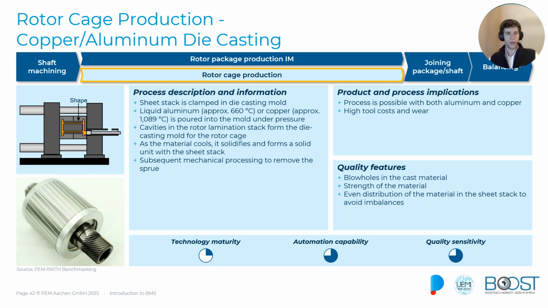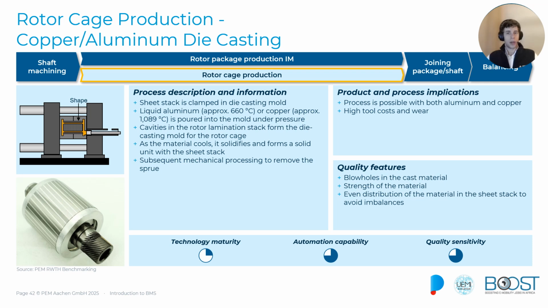Die casting the rotor cage for an induction machine involves creating the cage using molten metal. This process begins with preparing a mold shaped like the rotor cage. Molten metal, often aluminum, like shown in the picture, is injected into this mold under high pressure, filling its cavities and forming the cage structure.